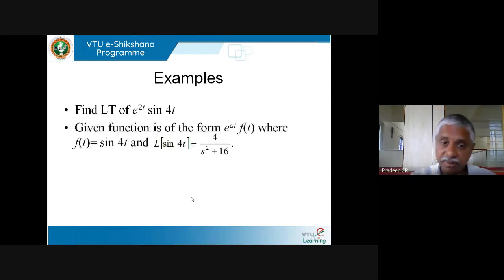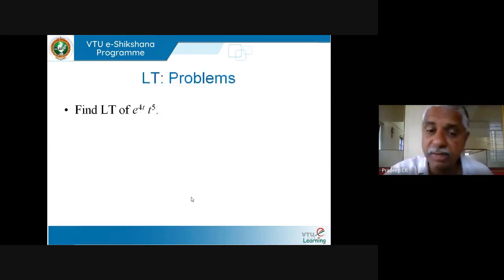Let us find the Laplace transform of e power 4t into t power 5. How do I do this? Very easy. You see, the given function is of the form e power at into f(t). Its Laplace transform is easy for me to find.